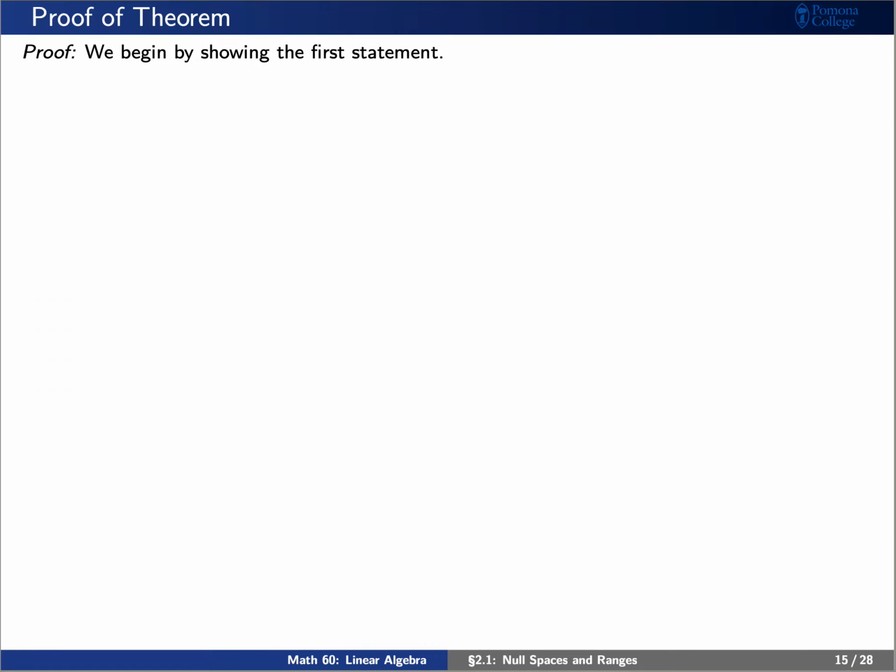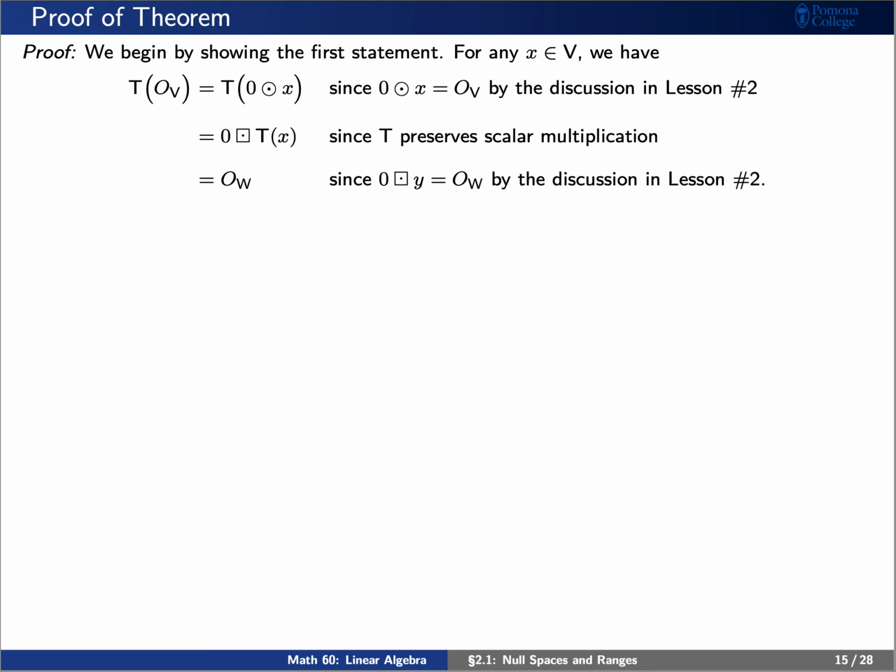Let's discuss how to prove these three statements. We'll start by showing the first, that T sends 0 elements to 0 elements. For any vector x of the domain V, we have the following.